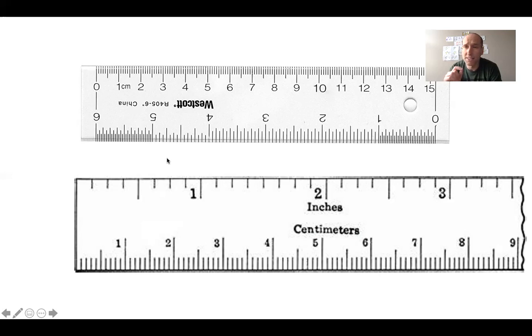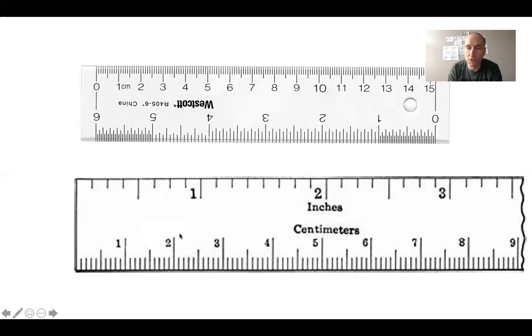Also, I want you to pay attention, boys and girls, when you're using rulers. You identify what side you're using, the centimeter side this week. We're using the centimeter side. I have to know where my ruler starts because each ruler could be a little bit different.